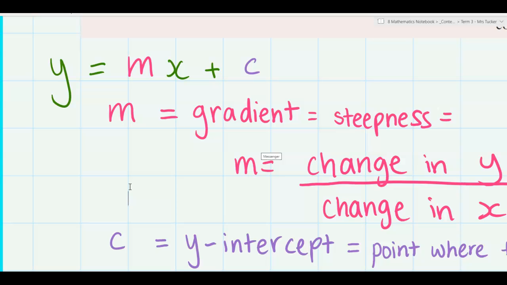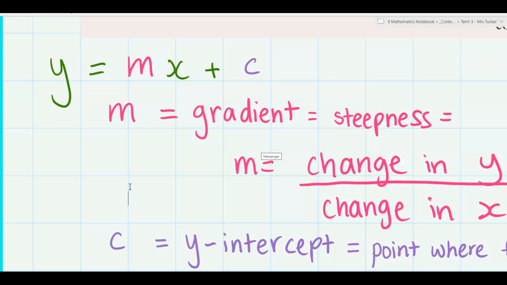So y equals mx plus c. M is the gradient of a tangent, but not, we're just doing kind of it.